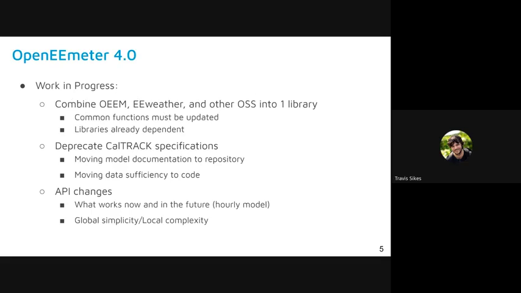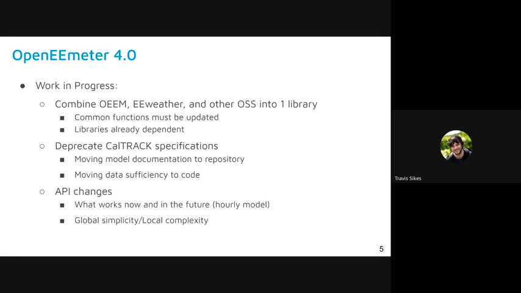The reason is that there are a lot of common functions, and if they're duplicated in these libraries, every time we want to update one of them, we have to update it in every single library. That is too much overhead, and it also adds the possibility of doing it incorrectly or skipping one, which would be problematic.